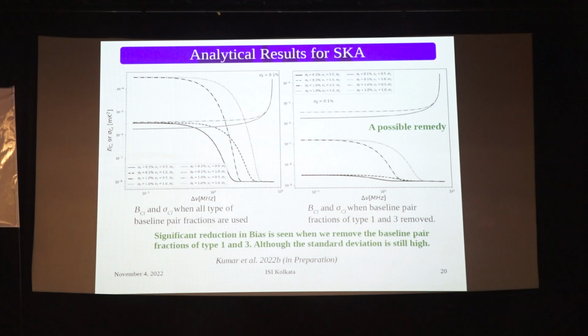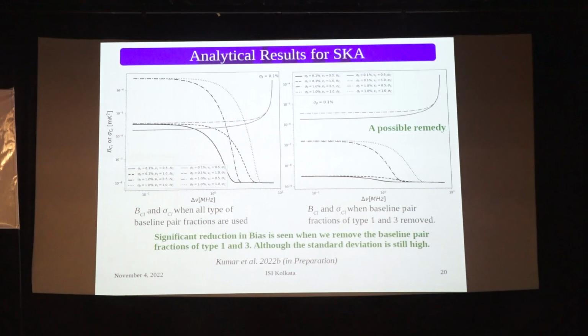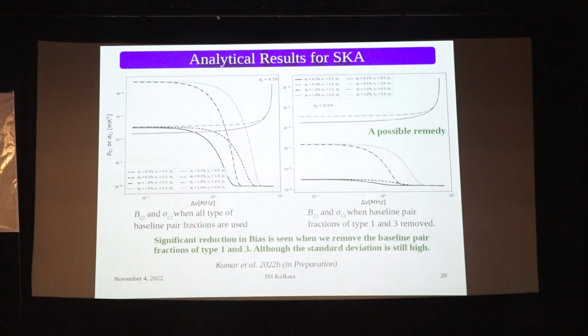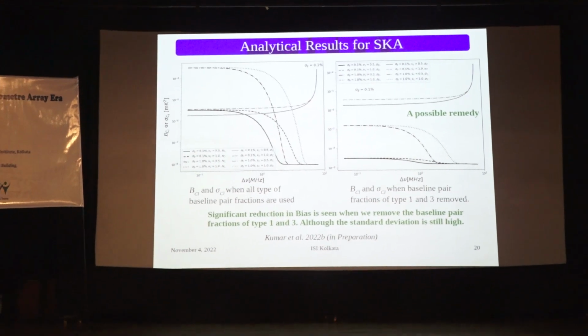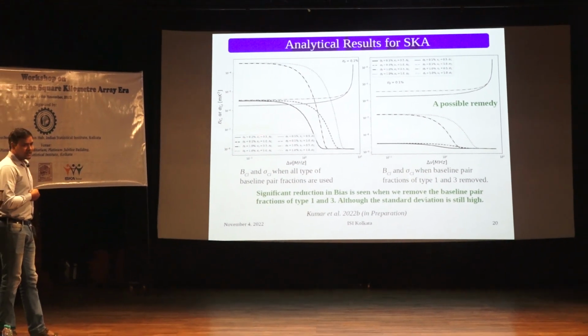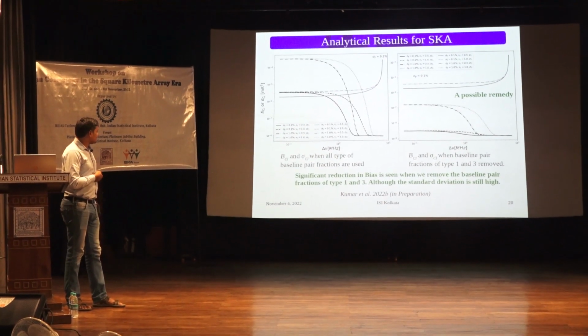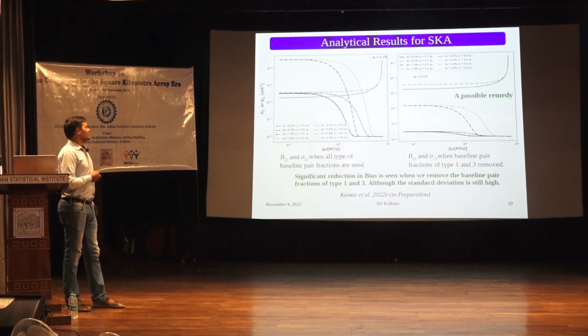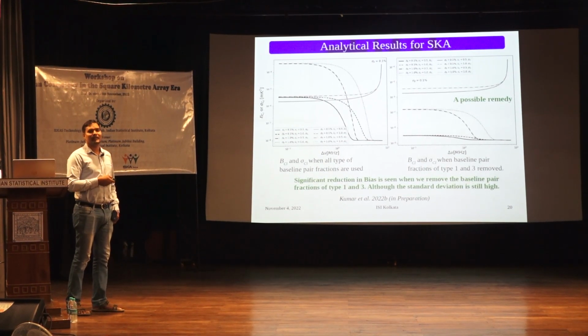From the analytical expressions, we saw that major contributions come from the types of baseline pair fractions which involve at least one antenna in common, so majorly type 1 and type 3. So what if we remove type 1 and type 3 from our observation? This is again the older plot which I showed two slides back, and this is the plot of the bias and error where we haven't included the effect from baseline pair fractions of type 1 and 3.